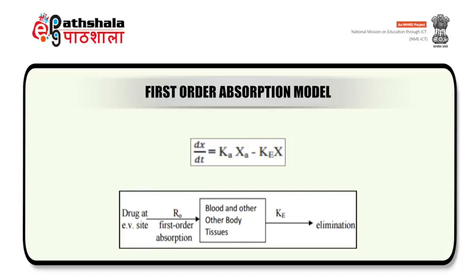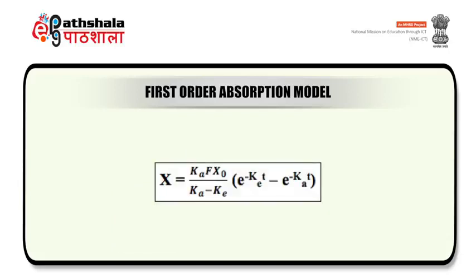Ka is the first order absorption rate constant and Xa is the amount of drug remaining to be absorbed at the absorption site. Integrating the equation gives a complex multi-exponential equation and the typical plasma concentration time profile of the drug which is administered by extravascular administration is given in the figure.